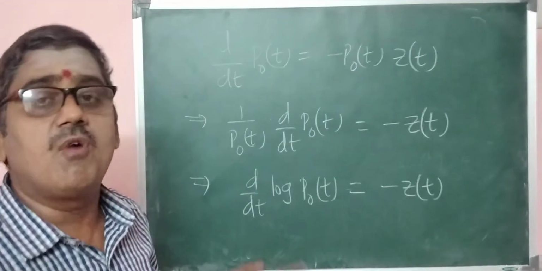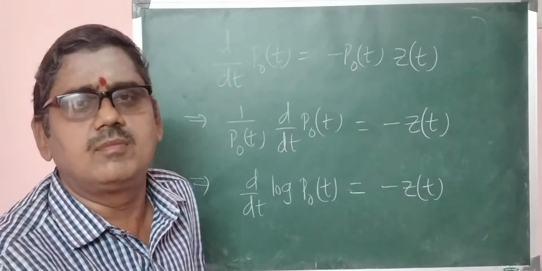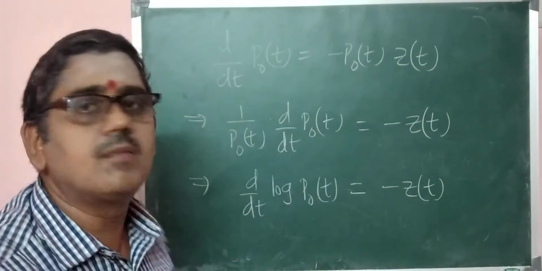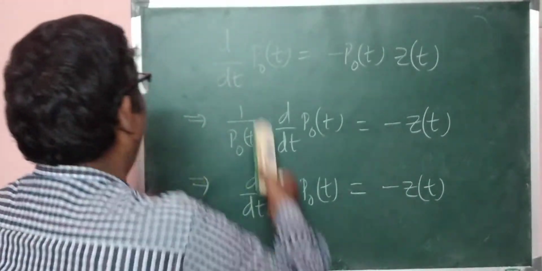Now, to convert this, I am doing integration. Or else you solve the differential equation and you will get it. I am taking integration on both sides. What do you get?